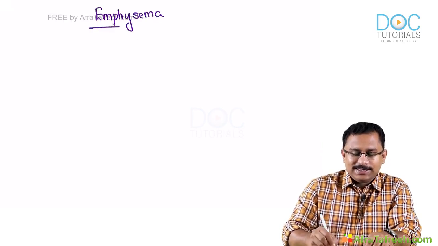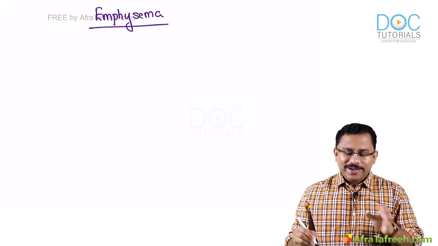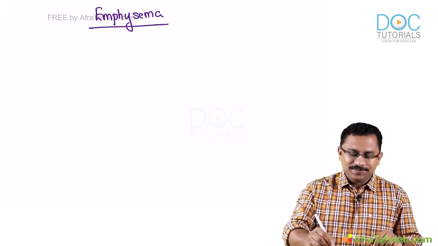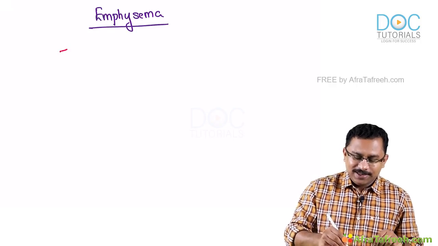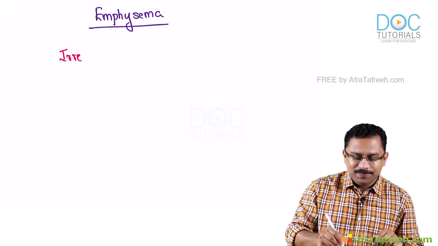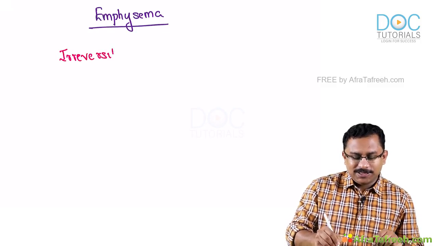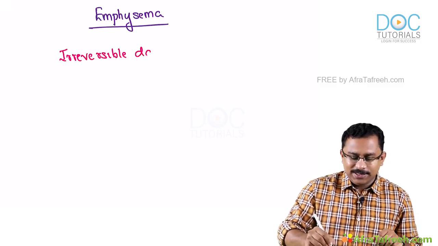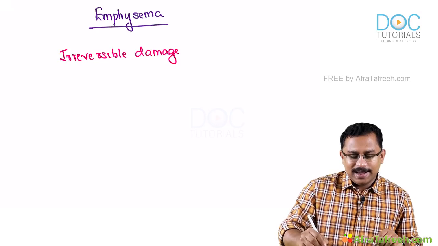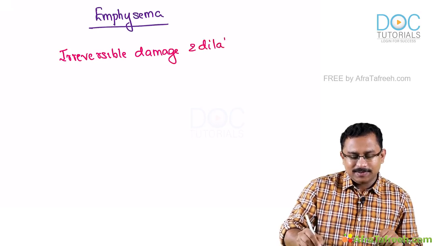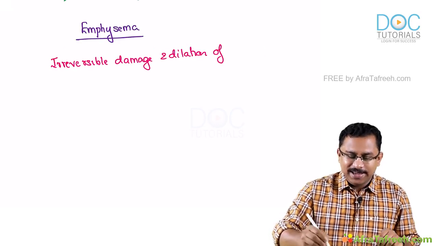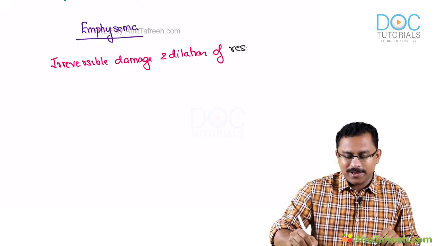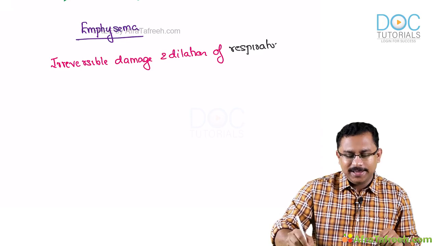Let's see what this emphysema is. So emphysema is a condition that is characterized by irreversible damage and dilatation of the respiratory acinus.